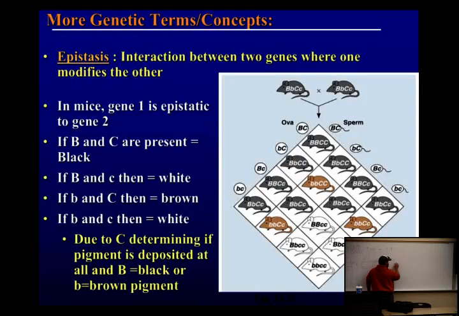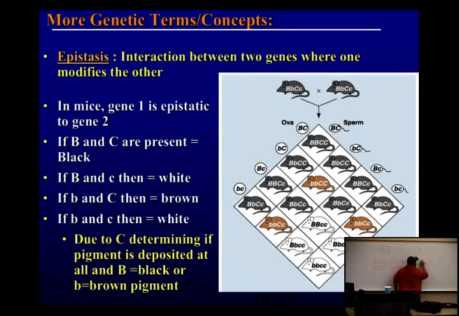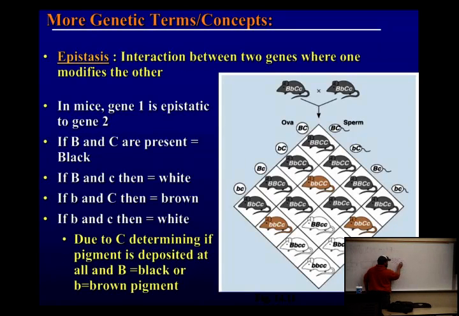So the possible gametes are big B, big C, right? Or it could make big B, little c.